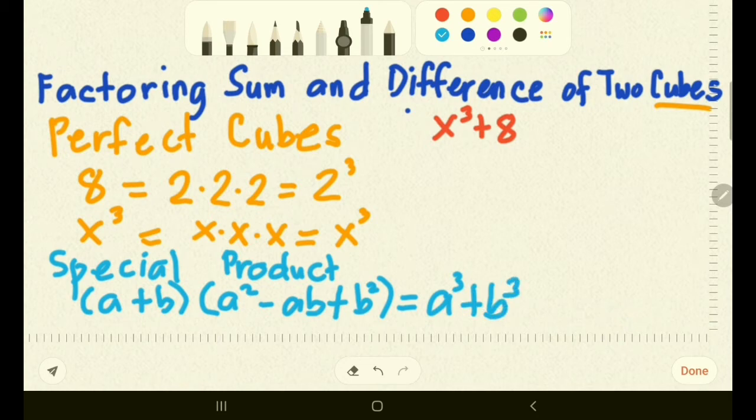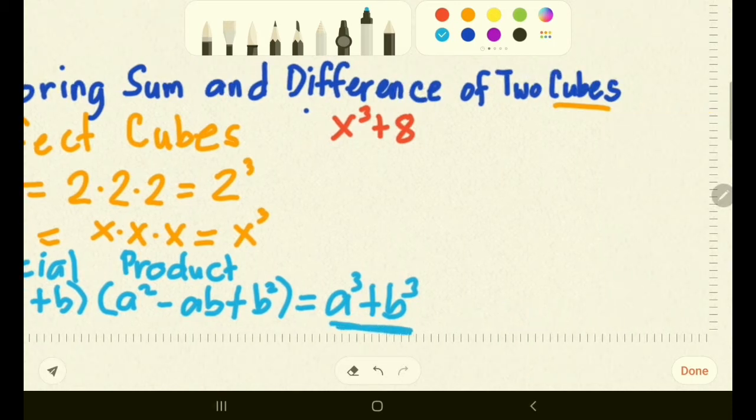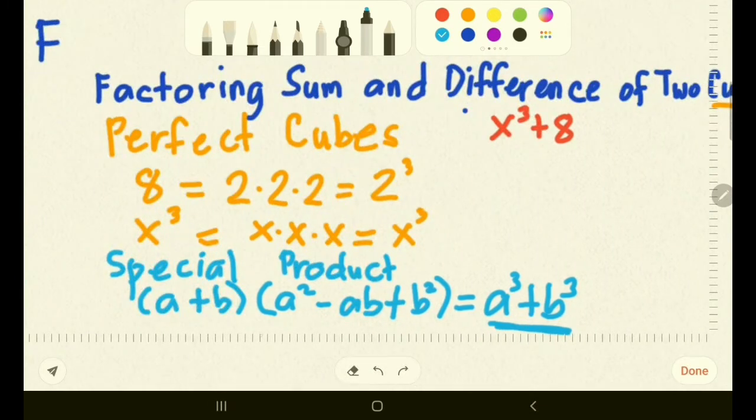So we have here a binomial and a trinomial, and their product is the sum of two cubes. So if we are going to factor a cubed plus b cubed, this results in the quantity a plus b times the quantity a squared minus ab plus b squared. So just the reverse.